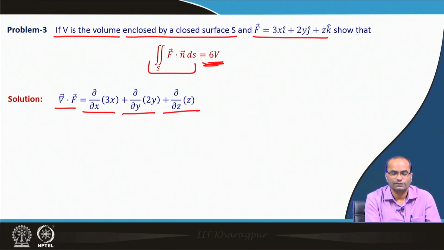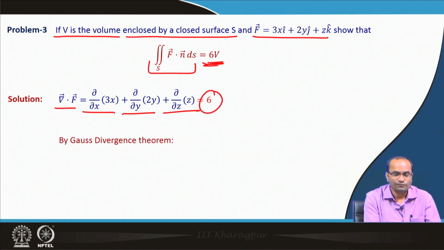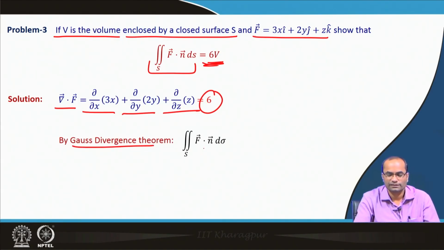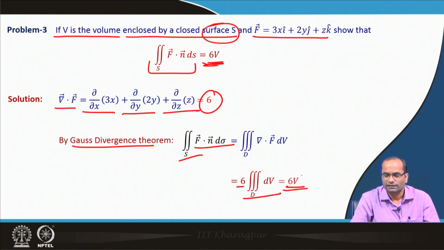The divergence of 3x, 2y and z is nothing but 3 plus 2 plus 1. So, that is 6 here, and if we apply the divergence theorem now, the Gauss divergence theorem says that f dot n over the surface sigma is just 6 times this volume integral, which is the volume enclosed by this surface S. So, we will get 6 times the volume.